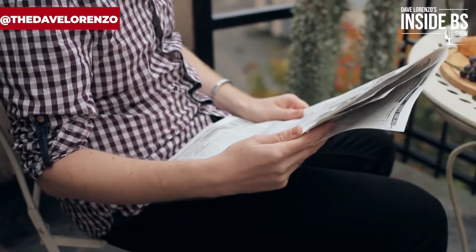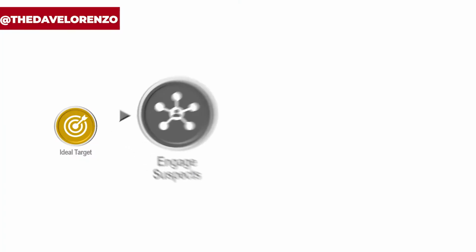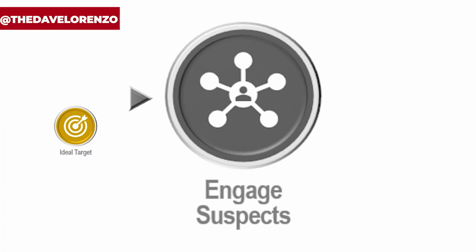I want you to speak, to write, to do webinars, to advertise, to do things that are one to many. You have to get in front of your ideal target audience en masse in order to grow a big practice. So step 2 is engage your ideal client or your ideal evangelist in groups.